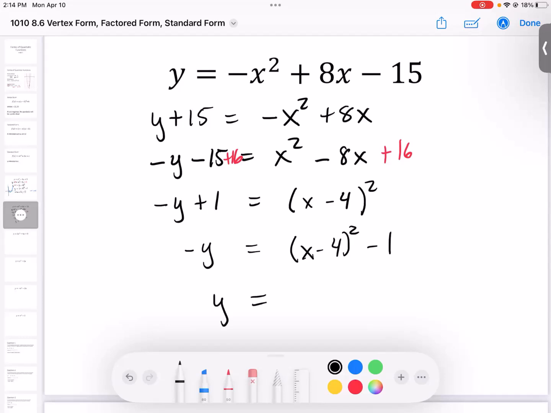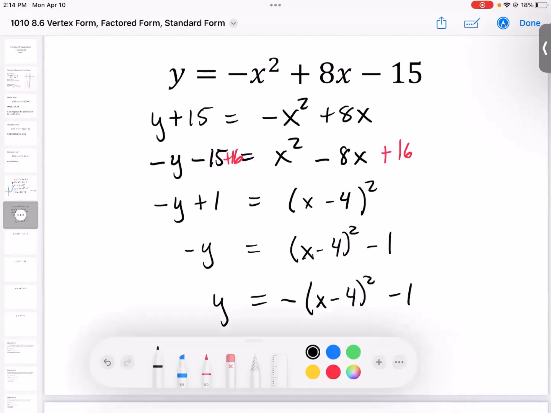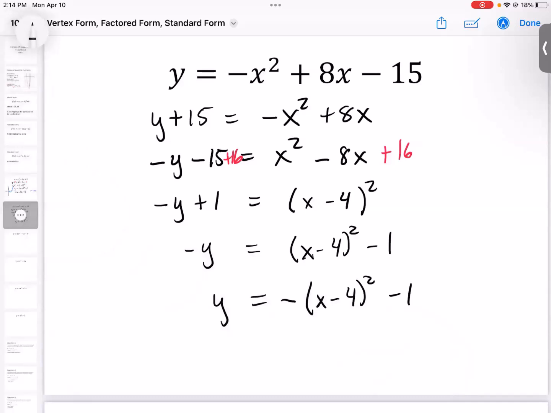So when you multiply both sides by a negative, this whole thing is going to be multiplied by a negative. And you get negative x minus 4 squared minus 1. Yeah, it's very possible I could have made a mistake. So thanks for catching that. Oh wait, no, actually it would be plus 1. Yeah, because negative 1 divided by negative 1 will be plus 1. Thanks for catching that.